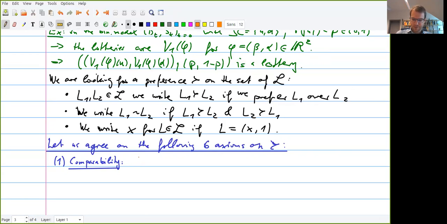If I have certain lotteries, so there are lotteries with a certain payoff. So this is actually the last case here. So with probability 1, I get X, and with probability 1, I get Y. So these are two lotteries. What do we have? Well, for these certain payoffs, you can order these lotteries.